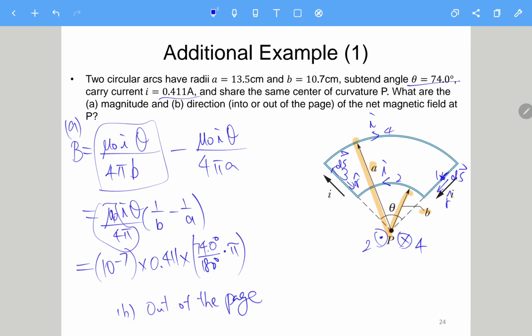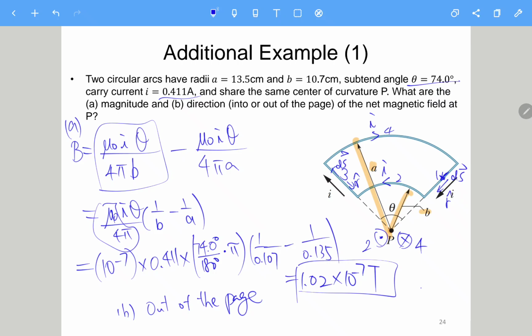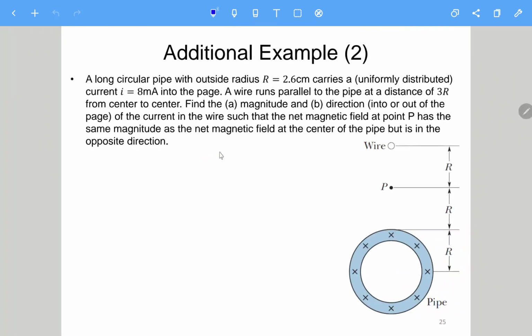This is how to convert the angle between degrees and radians. And then 1 over B is 1 over 0.107 meter, minus 1 over 0.135. So this number is 1.02 times 10 to the negative 7 Tesla. So this is the B field generated by this structure. This is not that difficult, we just need to add two terms together. So this is the final additional example for this chapter.